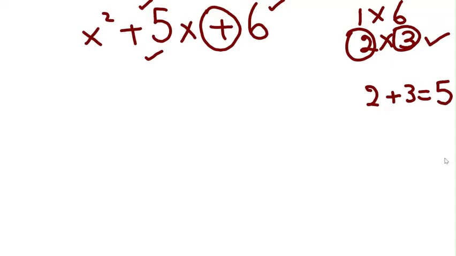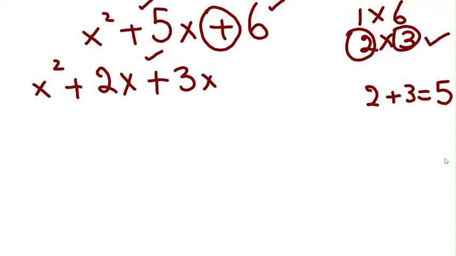So I'm going to select 2 and 3. This is step number 2. You can write 2x or 3x first, anything. X squared plus 2x plus 3x plus 6.